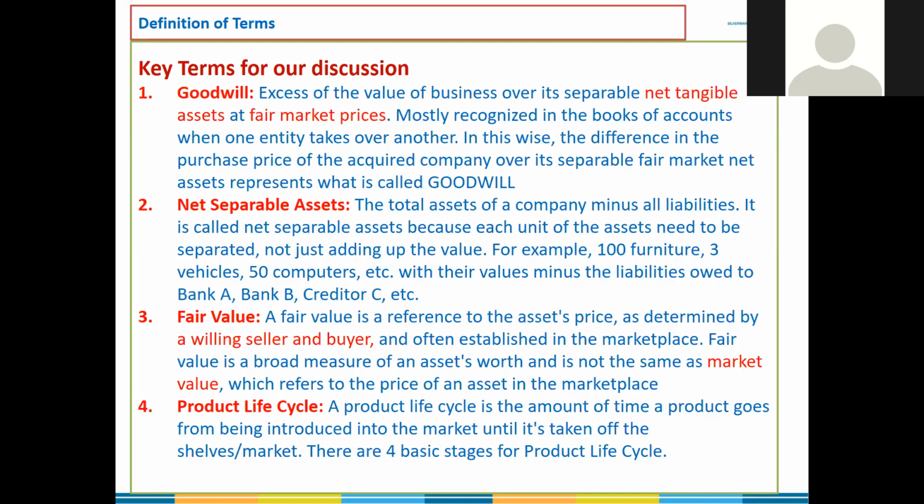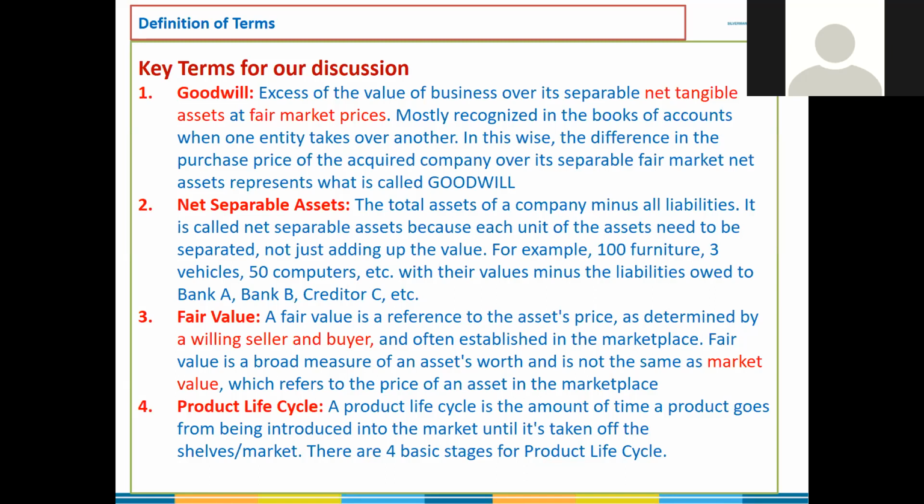And then you see that the net separable assets are less than the value that was paid by the new owners. So the value that has been paid is higher, and that difference is what we call goodwill.